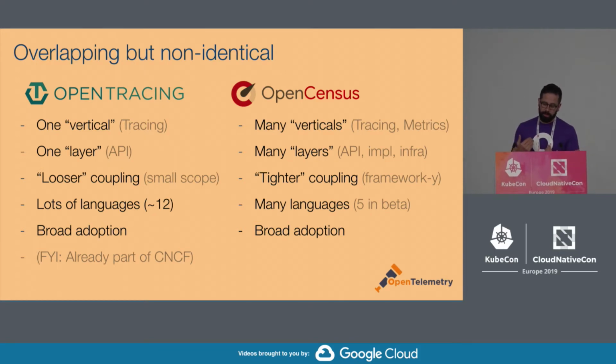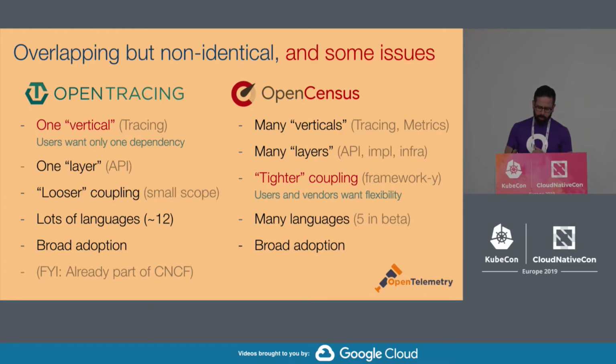It also tried to focus not just on the API, but also the implementation and infrastructure for the collection of this data. It supported 5 primary languages, and a few others also. It also had broad adoption.